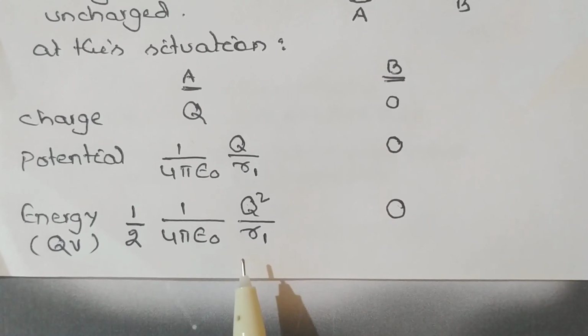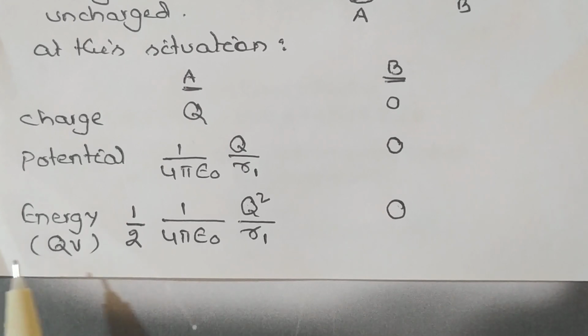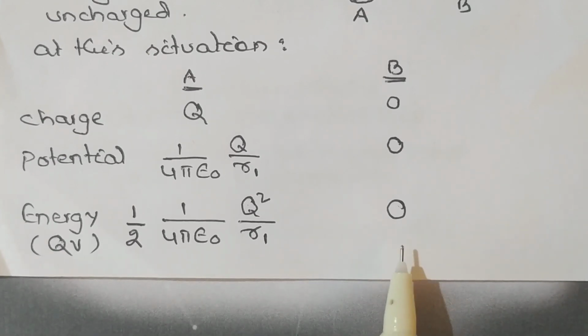It is the energy of A, where here energy means we are discussing only electrostatic energy. I am not writing electrostatic energy every time because we are calculating only electrostatic things. We are not dealing with any other energy. Similarly, the energy of body B is 0 because charge on body B is 0.